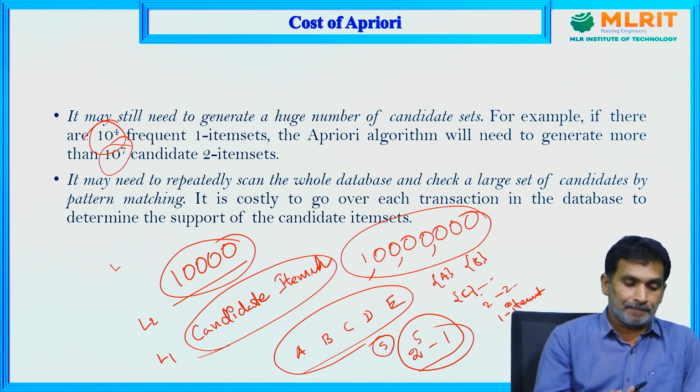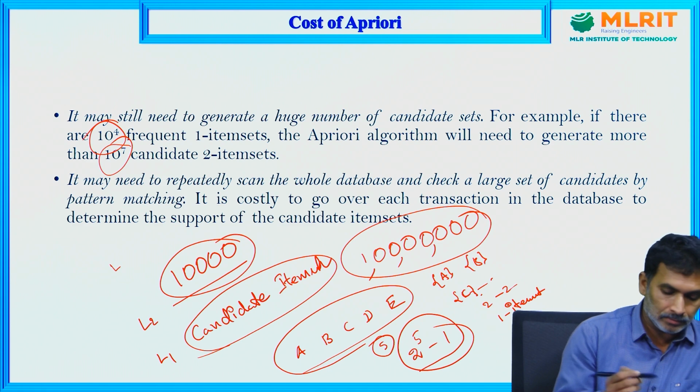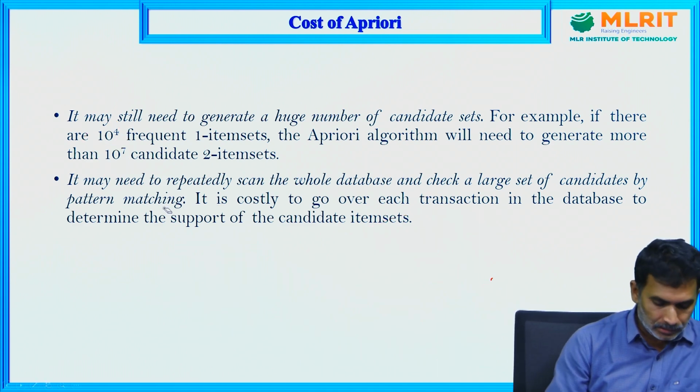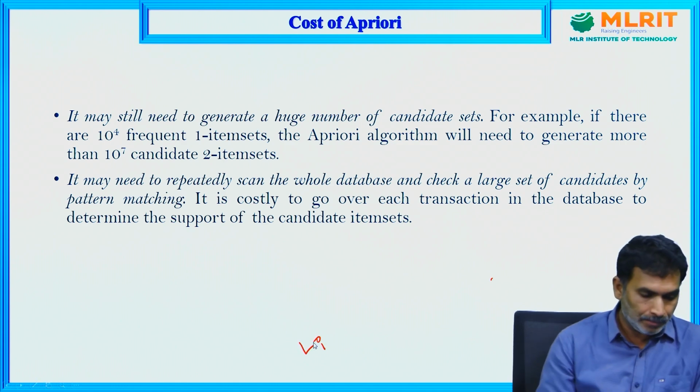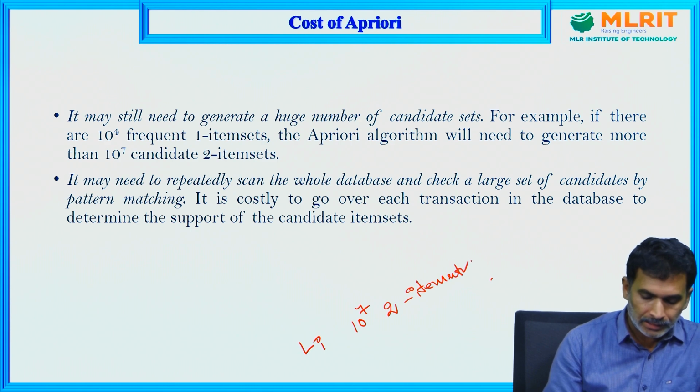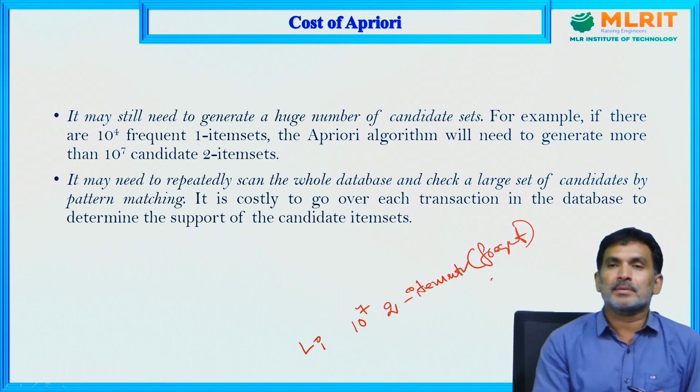Let us say for example, at this particular level Li, that is at level i, there are 10 to the power of 7 frequent 2 item sets.